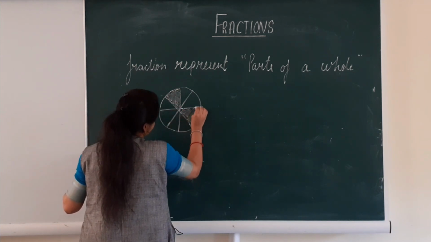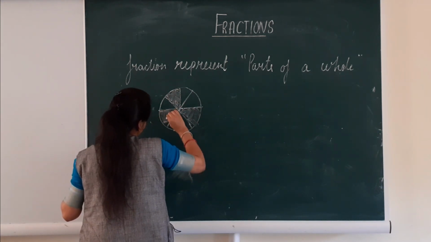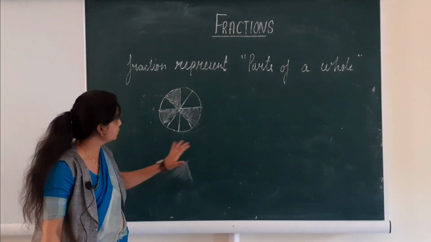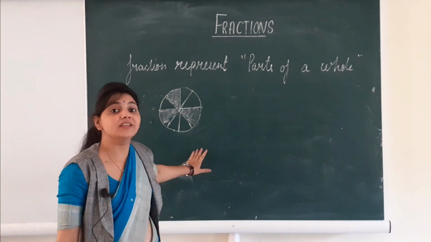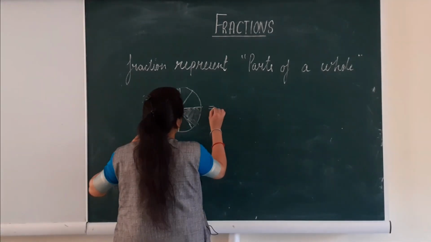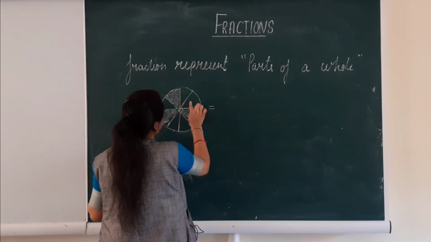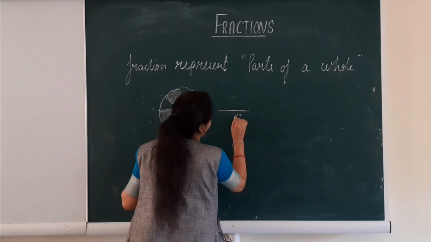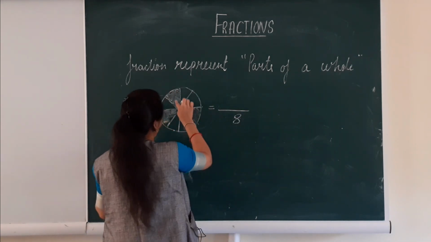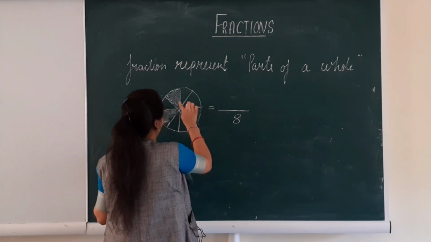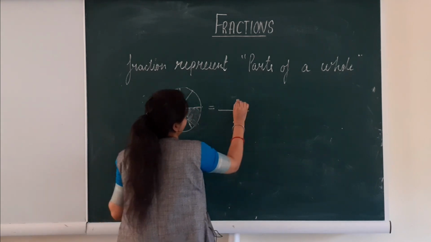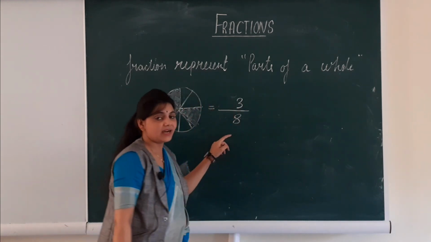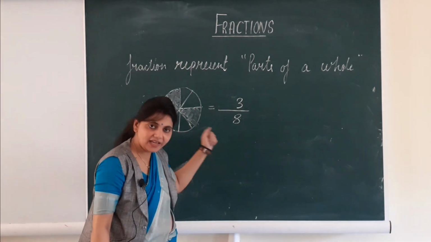This is the shaded portion. They want to know how much of this circle is shaded. The total is 8, and how many portions were shaded? 1, 2 and 3. So the answer is 3 over 8, or 3 by 8.